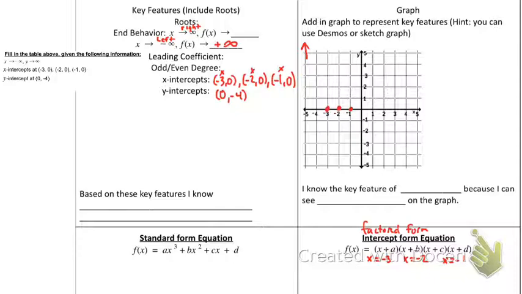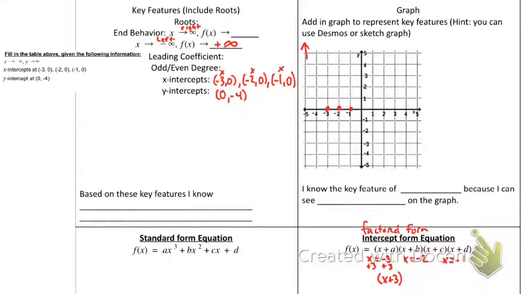Okay, so what we want to do to turn them into factored form is right now they are in answer form. So to turn them into factored form, I want to get the number on the same side as the x. So I'm simply going to move this -3 back over by switching its sign. So I'm going to add 3 because we want it with the x. And that gives me my first factored form, which is x plus 3.